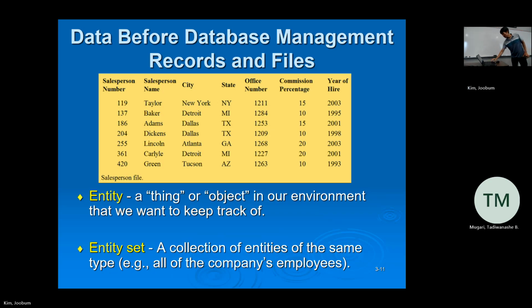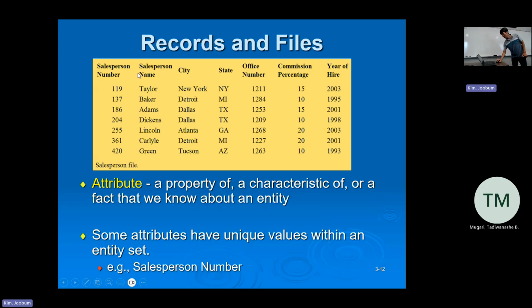And this is an attribute, a property or characteristic of, or fact we know about, an entity: number, name, city, state, office, commission percentage, year of hire. Those kinds of things are attributes. You know that already.